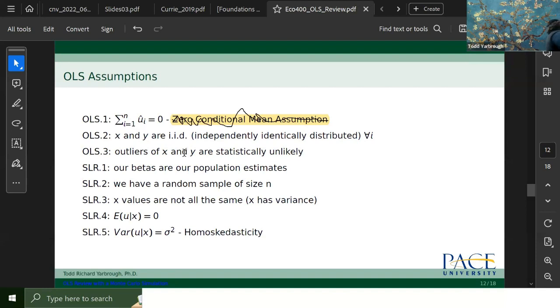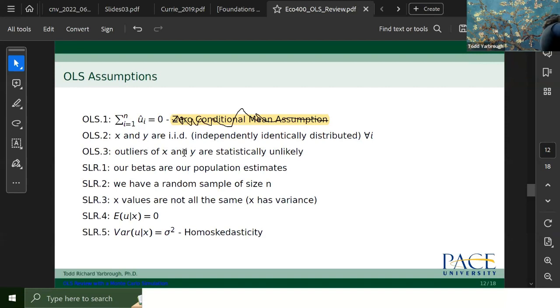SLR 3 is just a statistical fact: you can't measure any relationship if your X variable doesn't vary. It doesn't matter how much X varies. X can be a binary variable, 1 or 0, and as long as it changes between 1 and 0 across your entities, you have some variance.